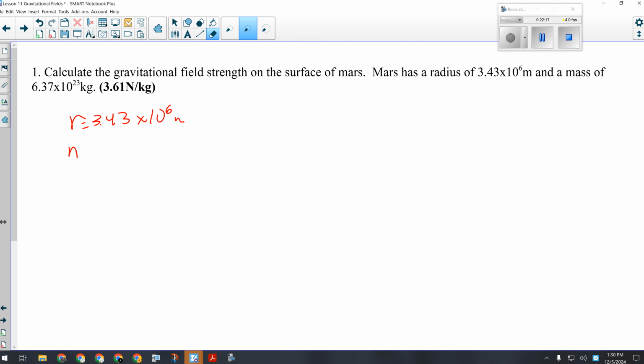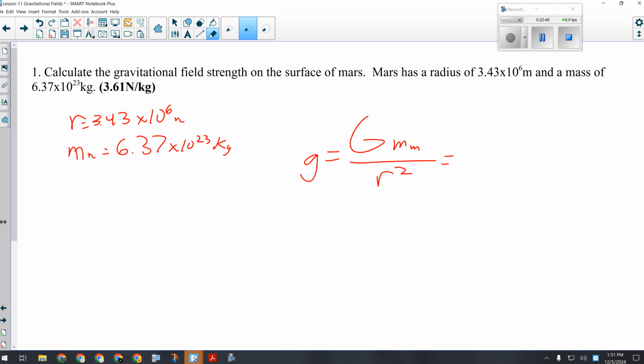Right? And we know the mass of Mars is 6.37 times 10 to the 23 kilograms. If I want to calculate gravitational field strength, it's just big G times the mass of the body generating the field, that would be Mars, okay, divided by the radius of that body, or how far away the other body is from its center. Okay? So that's going to be 6.67 times 10 to the minus 11 times 6.37 times 10 to the 23, okay, divided by 3.43 times 10 to the 6 squared.